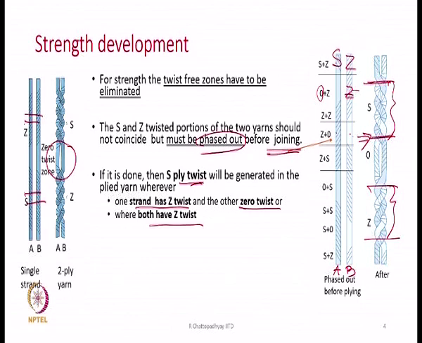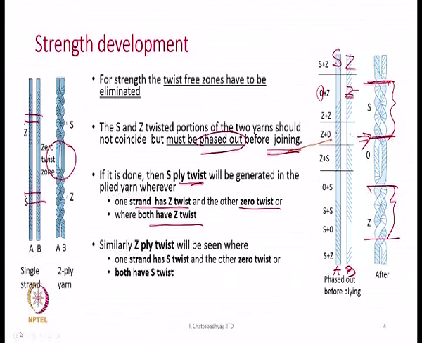Here the S ply will occur if both of them have Z twist or one of them has Z and the other one 0. Similarly, we will get Z ply twist when one strand is having S and the neighboring one will be having 0 twist or both of them have S twist.